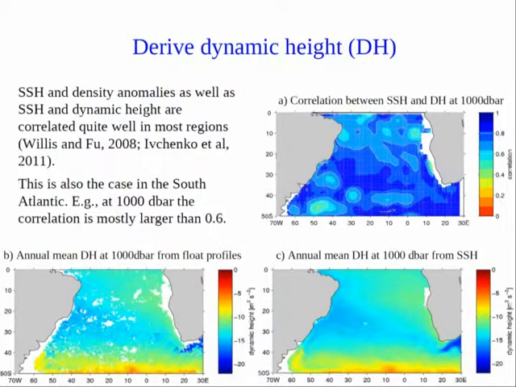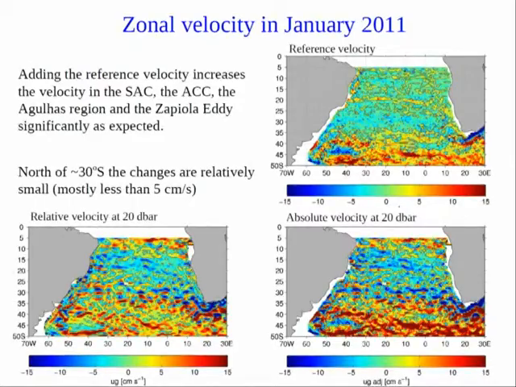And then in the upper right is an annual mean dynamic height only from Argo at 1,000 decibar. And on the bottom right is the same field, but from the synthetic dynamic height. And so they look very similar. And of course on the right I don't have all the gaps that I have on the left. So that's the good news. I like it, so I continued working on this.